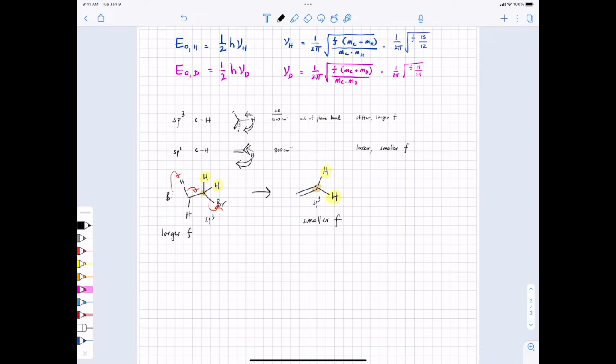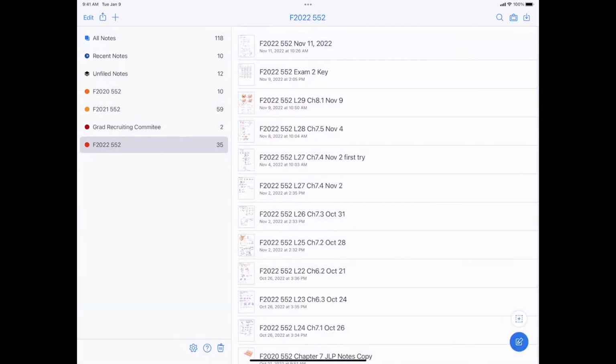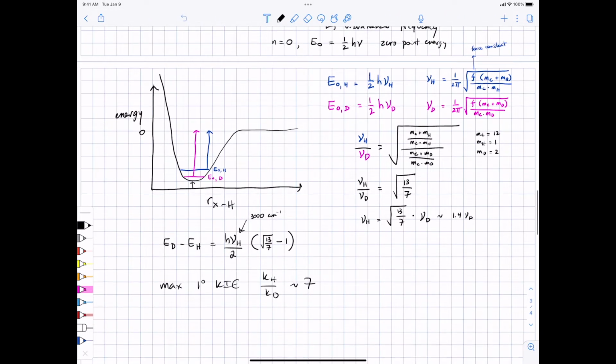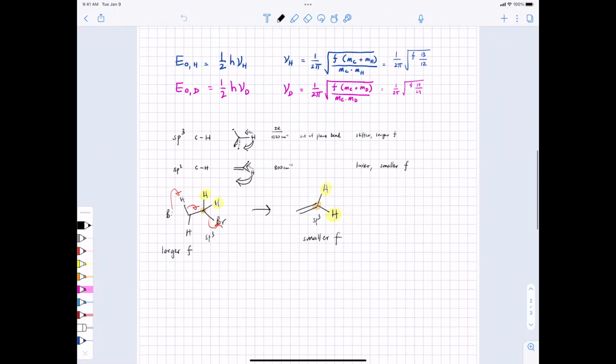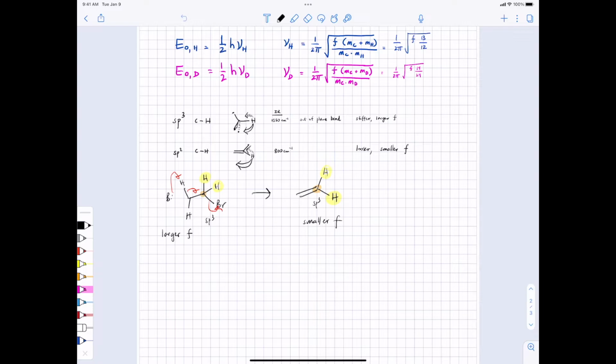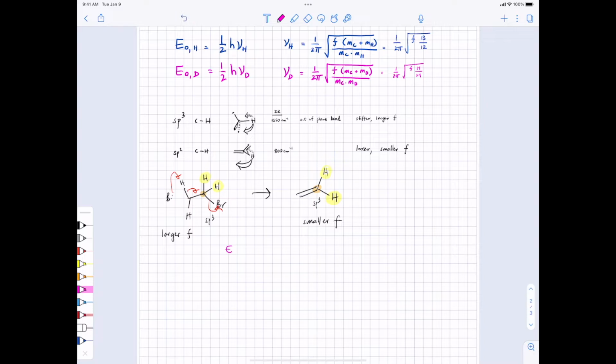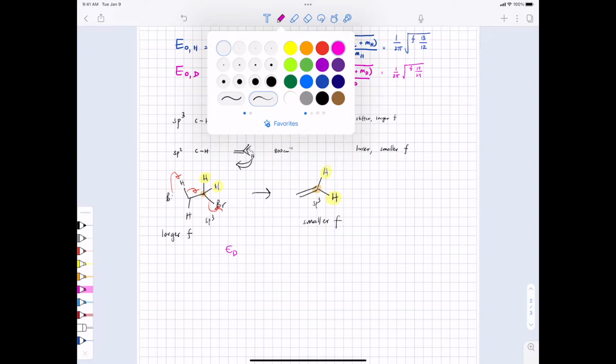You can show, based on stuff we did last time, sorry, this is mathy, we can show that our kinetic isotope effect is related to this difference in zero-point energy for the starting material, I'm sorry, for deuterium versus hydrogen, right?